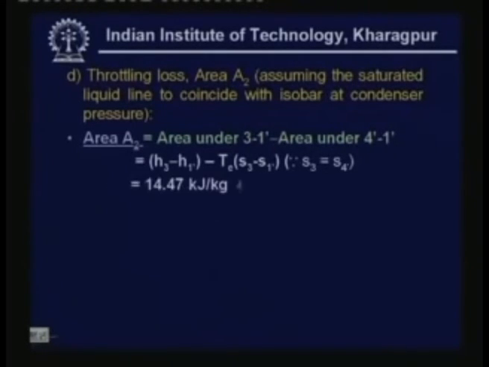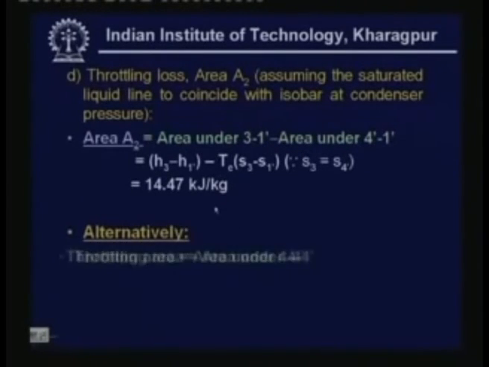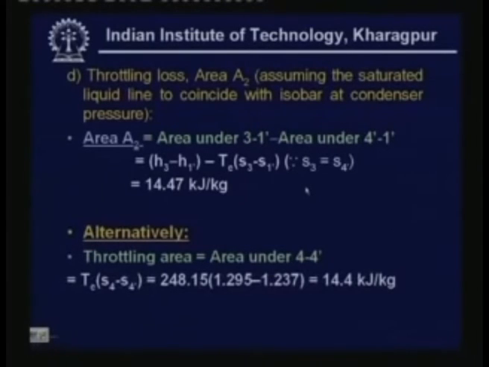Substituting these values, you find that the throttling area is 14.47 kilojoule per kg. If you find the actual throttling area without making this assumption, that is given by area under 4 to 4 dash, which is equal to Te into S4 minus S4 dash, and this works out to be 14.4 kilojoule per kg.